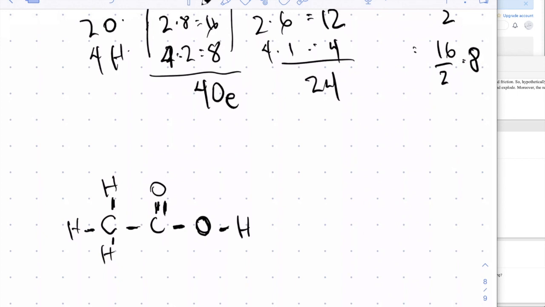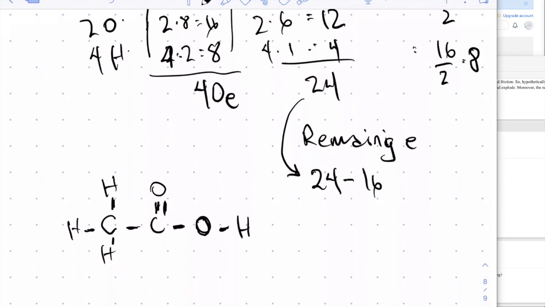Plus this carbon was lacking 8 electrons. So that's how we put 8 bonds in this particular arrangement. Now the remaining electrons is going to be 24, which is our total valence electrons, minus 16, which is the number of electrons used in bonds.